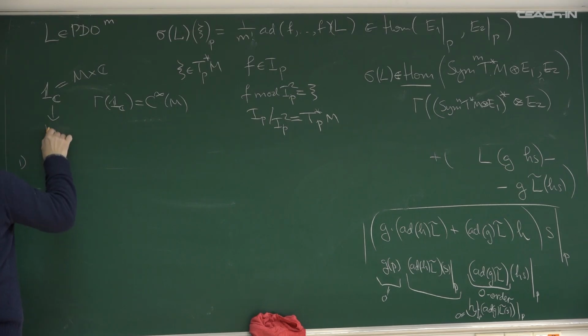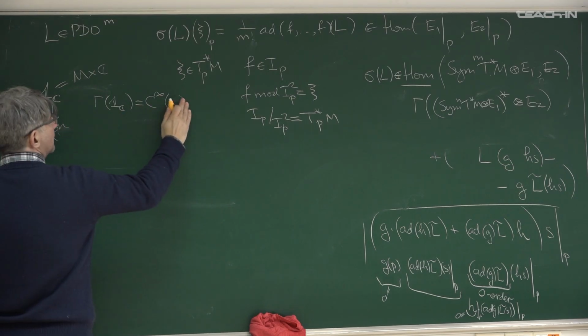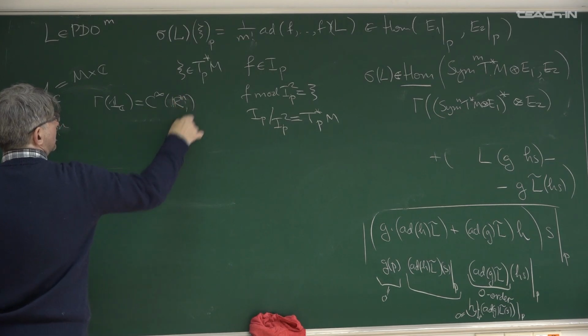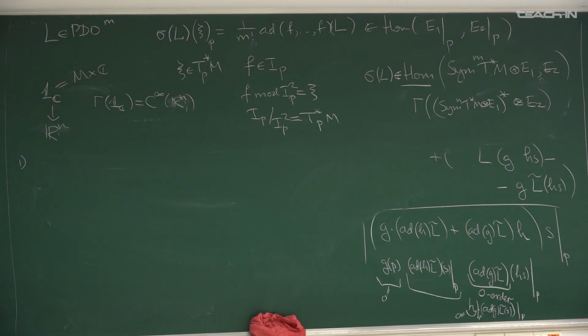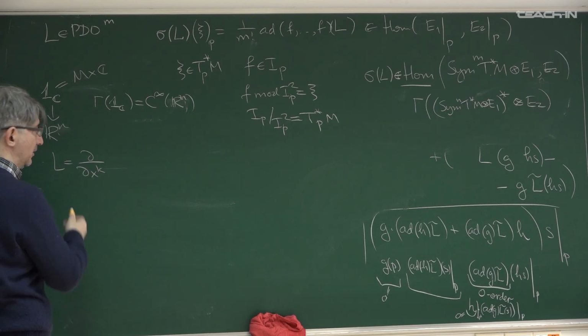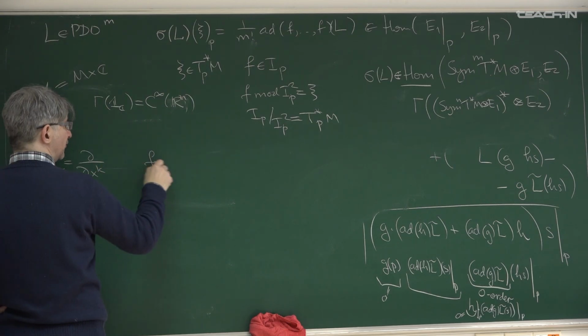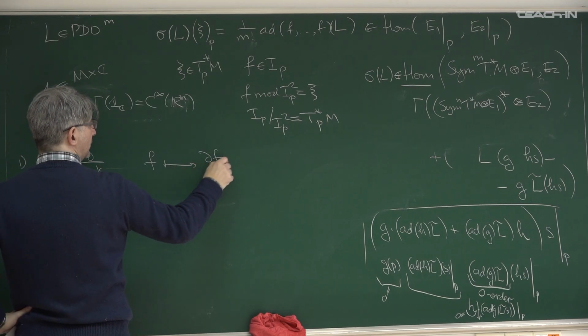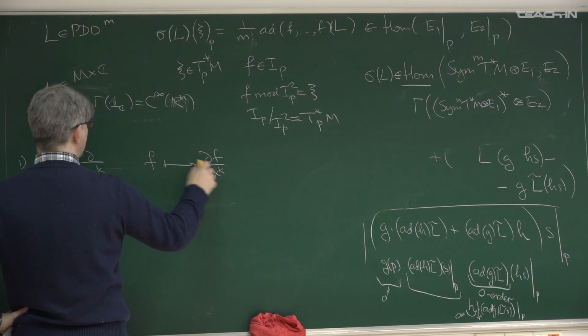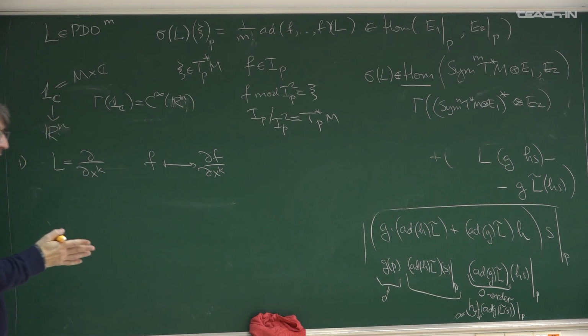Let me write here Rn. So the differential operator will be very simple, dxk. What is it doing? It sends function f to its kth derivative, its derivative along the direction k.